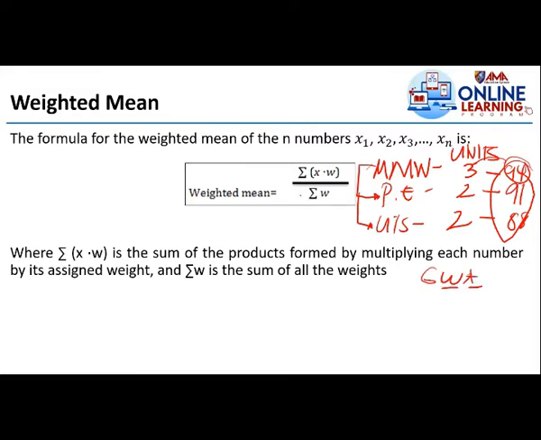It's a weighted mean, so you multiply by the number of units. So if you get the weighted mean of MMW, PE and UTS, it would look like this: the weight multiplied by your grade, 3 times 94, plus your second grade, 2 times 91, plus 2 times 88.